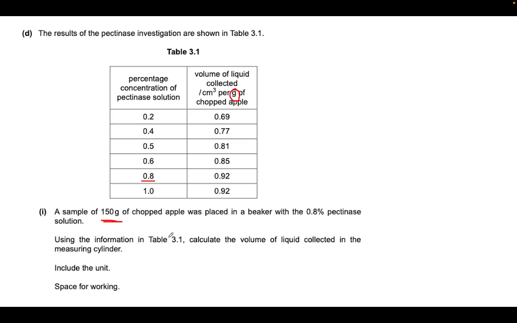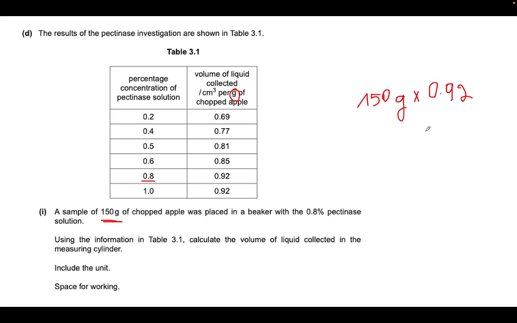Using the information in table 3.1, calculate the volume of liquid corrected in the measuring cylinder. Remember, here we are correcting per 1 gram, and they are telling us 150 grams. So what we do is simple. We take 150 grams and multiply by 0.92.